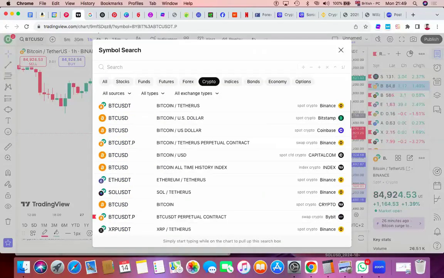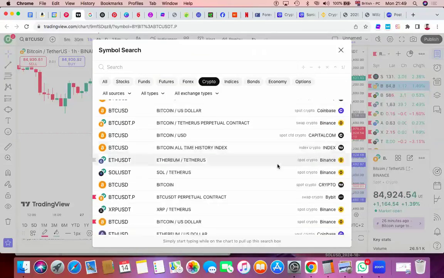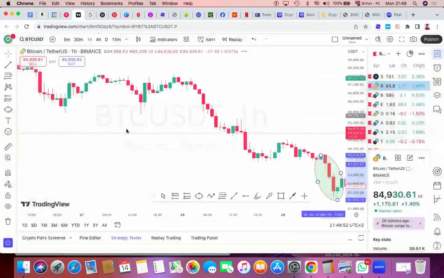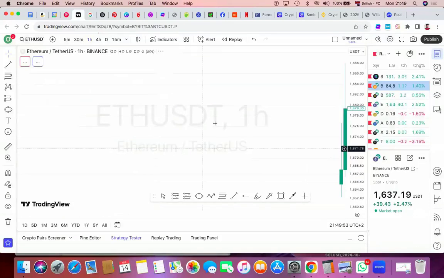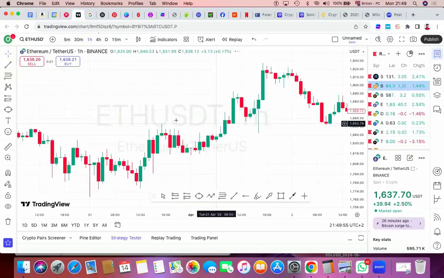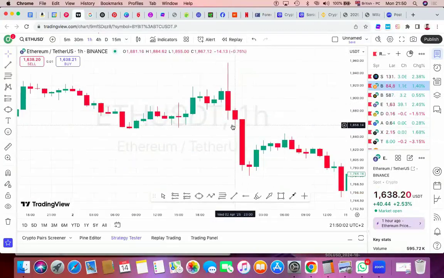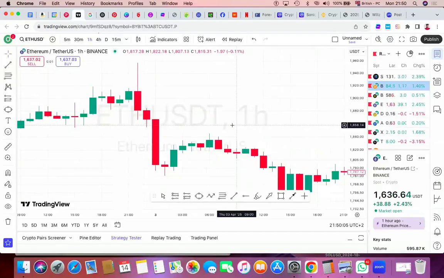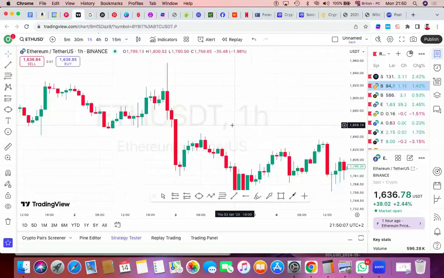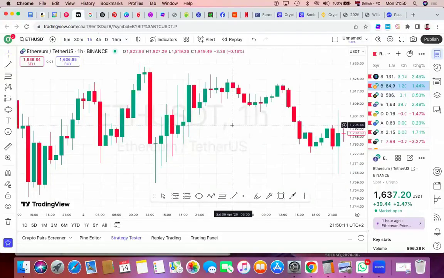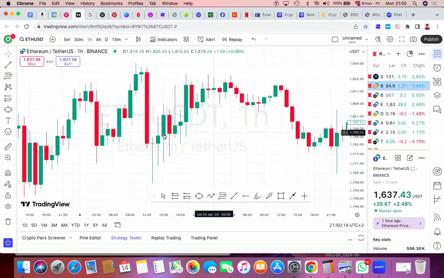Let's look at, for example, XRP or another interesting pair. If not, we'll just continue. From here, this is actually a doji, but not a hammer.